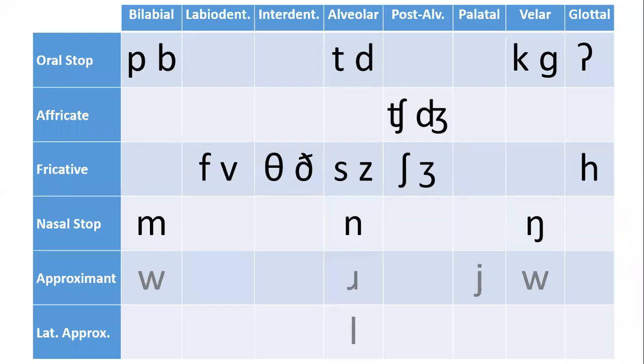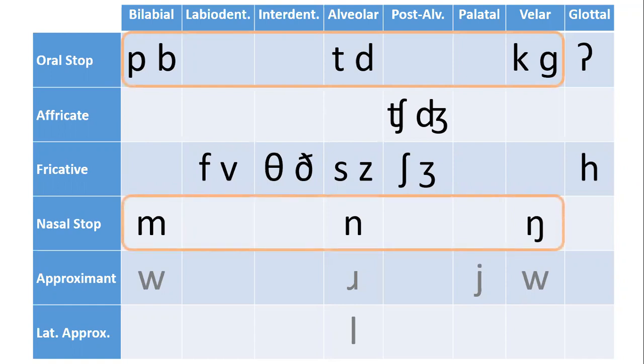So now we can finally say that we've got all the sounds. We started with these stops, pa ba, ta da, ka ga, and all of these sounds stop the air completely. No air comes out of the nose or mouth. Then we looked at the nasal stops, also called nasals, where no air comes out of the mouth, but air comes freely out of the nose because the velum is forward.